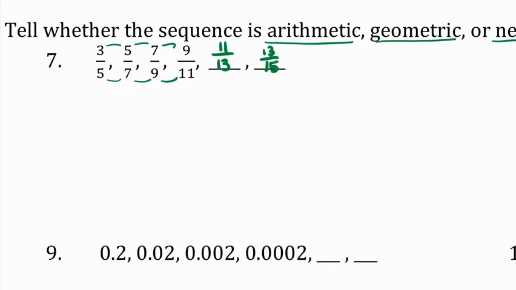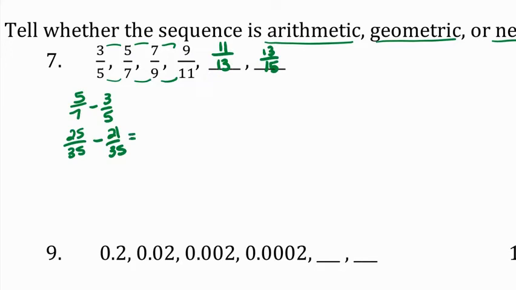Now, but if I think about this, is it arithmetic or geometric? I guess you could look at it this way. If I did 5/7 minus 3/5, and I got myself a common denominator there, that would be 25/35 minus 21/35.